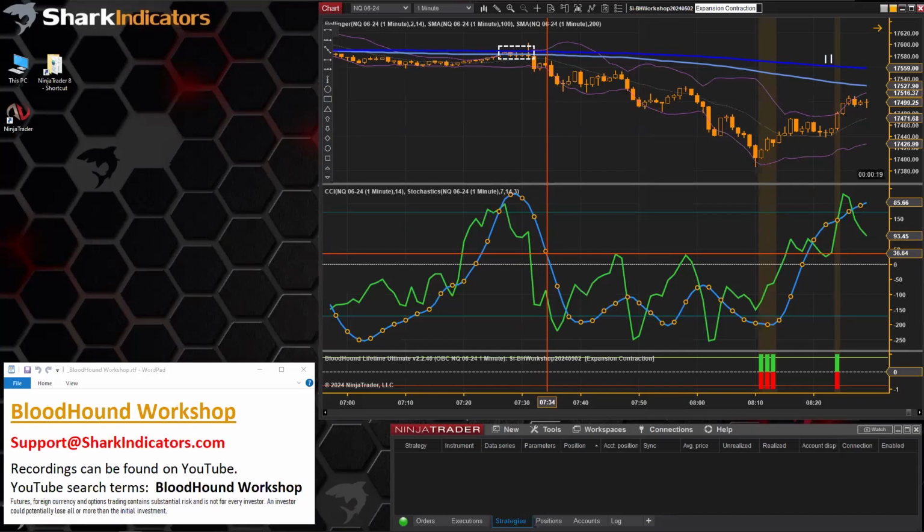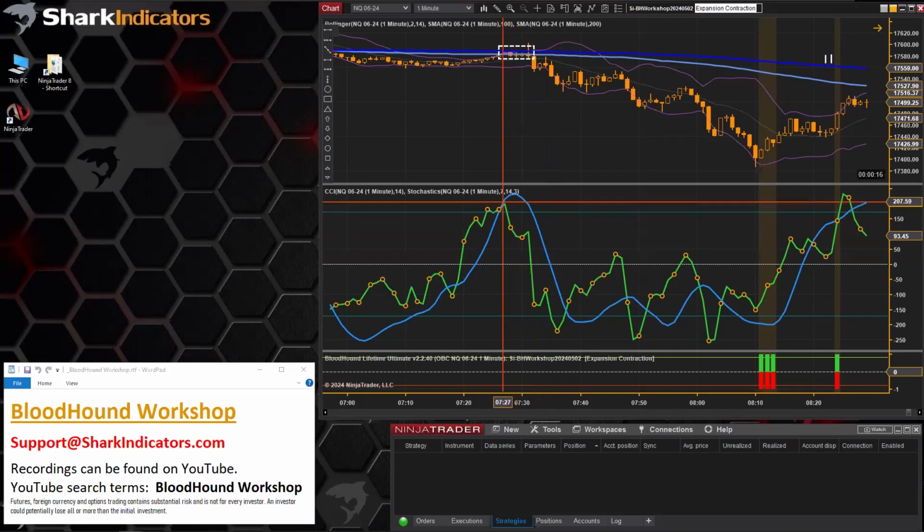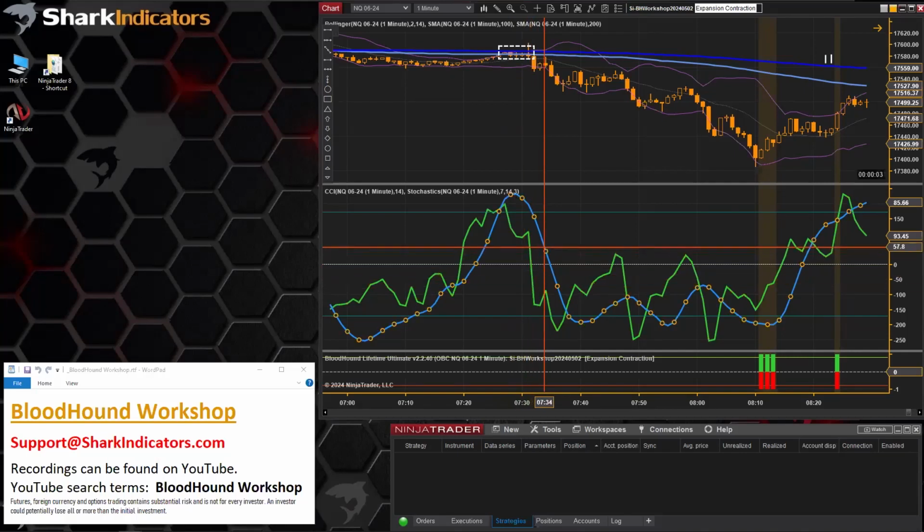The stochastics goes from 0 to 100, but the CCI goes positive to negative. We can actually see the 0 line right there. I left the 0 line visible here for the CCI, but the stochastics doesn't have a 0 line because it doesn't go below 0. So these are two different indicators, but NinjaTrader allows you to overlay them.